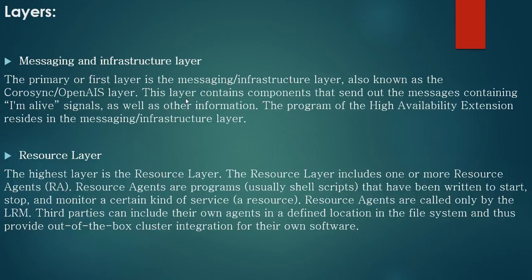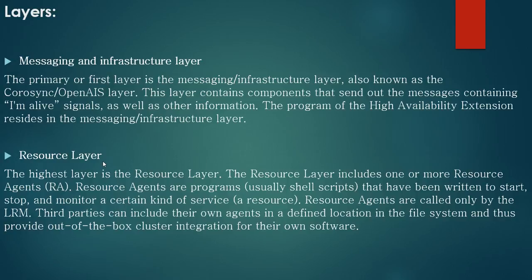This layer contains components that send out the messaging containing heartbeat signal as well as other information. Like I said, it is communication to nodes running in the cluster saying that I am alive, right? This is what it does, and some other important roles it also does through this messaging layer.